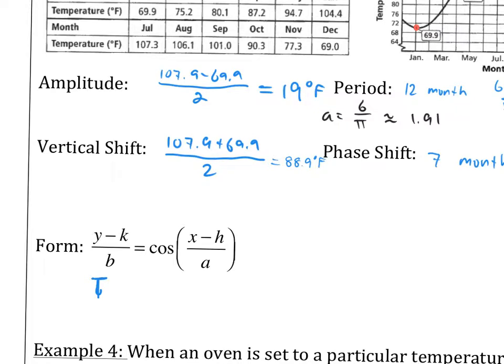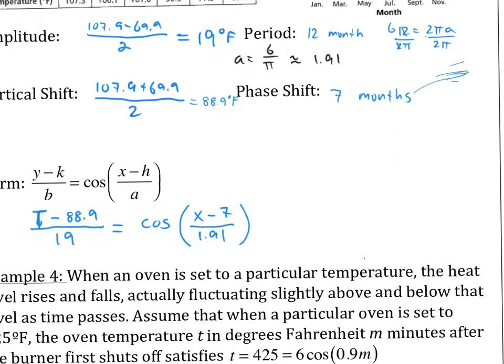So T minus my K. All right, now when we finish up, T is equal to 19 times the cosine of x minus 7 divided by 1.91, and then all adding 88.9 degrees Fahrenheit.